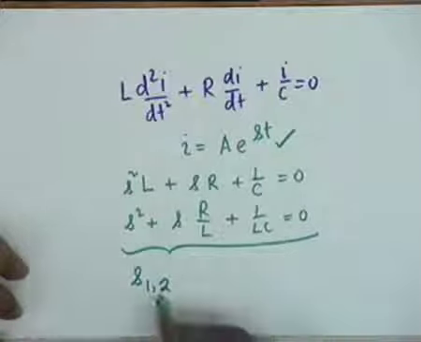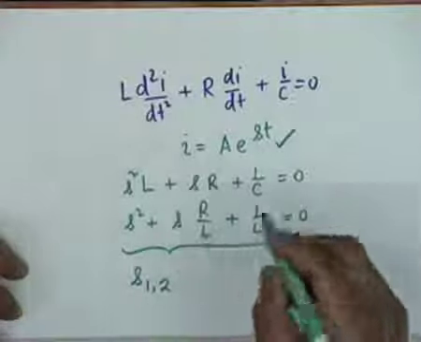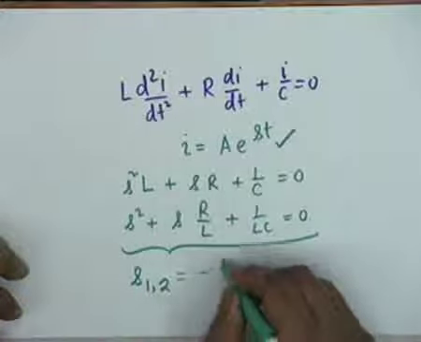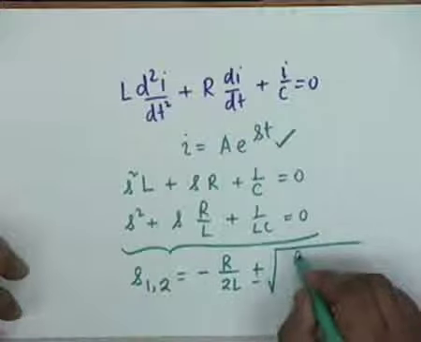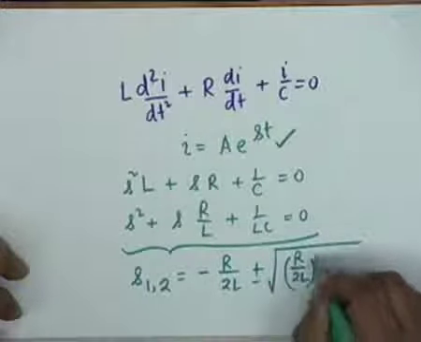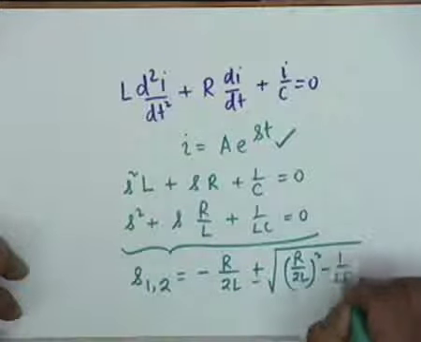You know what this means. Subscript 1 comma 2, that we write both of them simultaneously, and you can see that this is minus R by 2L plus minus square root of R by 2L whole squared minus 1 over LC. There are 2 possible values of s, and therefore there are 2 possible solutions of the original differential equation.